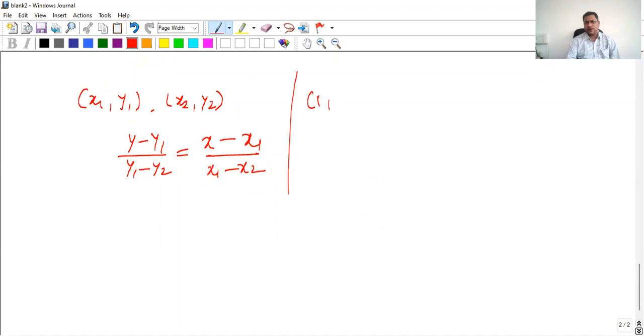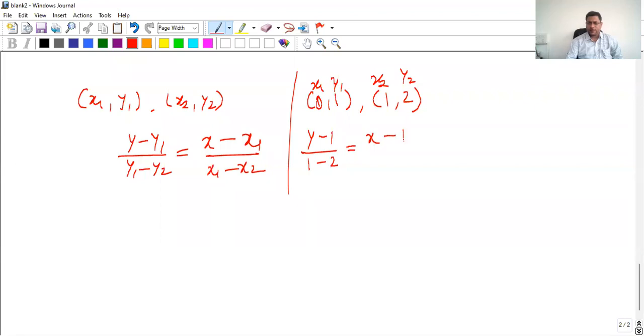So if I choose (0, 1) and (1, 2), this is (x1, y1), this is (x2, y2). So we get (y minus y1) upon (y1 minus y2) equal to (x minus x1), x1 is going to be 0, upon (x1 minus x2).